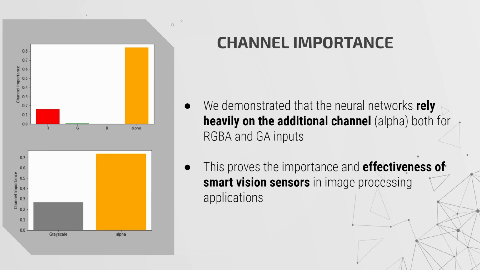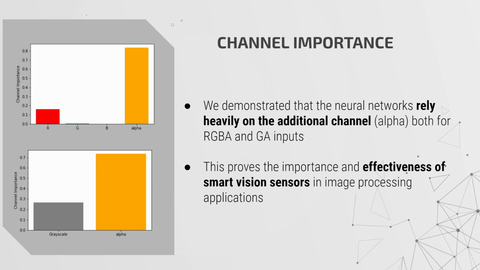This is especially obvious in the case of the RGB image, where the alpha channel determines more than 80% of the output of the network. But even in the case of the grayscale and the motion bitmap data, which is the best performing input, as we said before, we can see that more than 70% of the output is determined only by the motion bitmap channel.